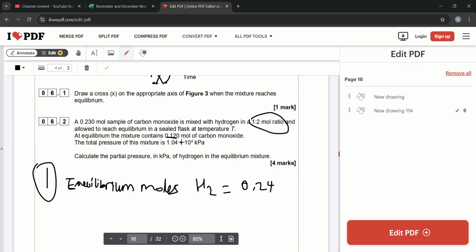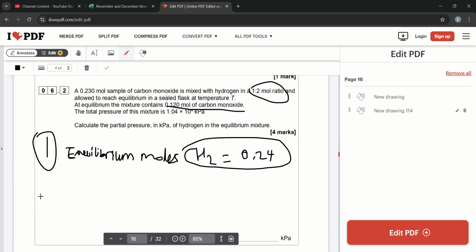If you've got this many moles of carbon monoxide at equilibrium, times by 2 will get the moles of hydrogen at equilibrium. So now we've got that. Now we can find the total number of moles, and we can find a mole fraction.